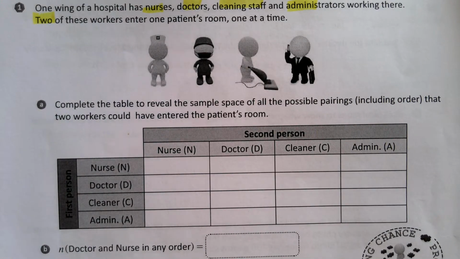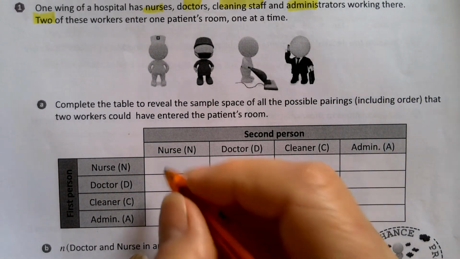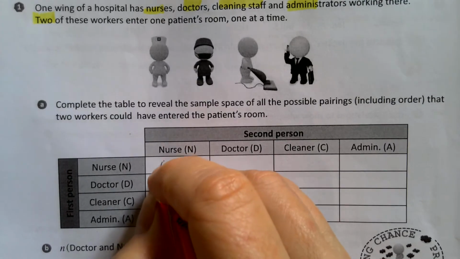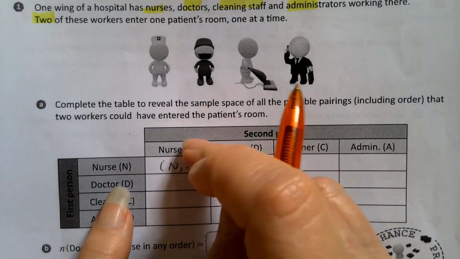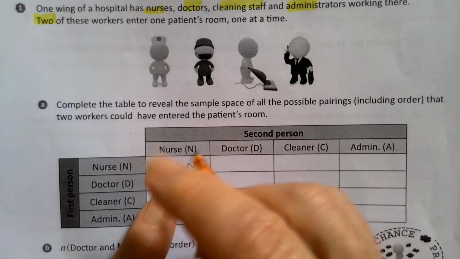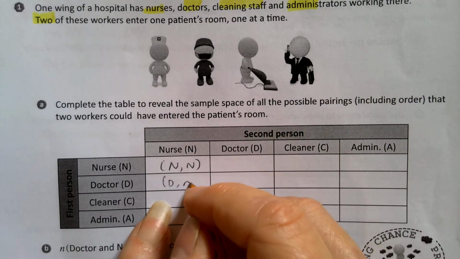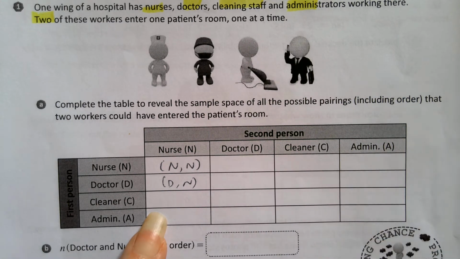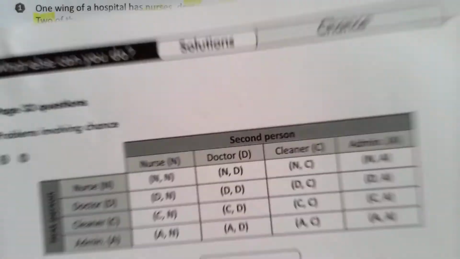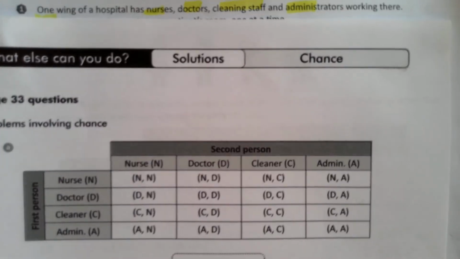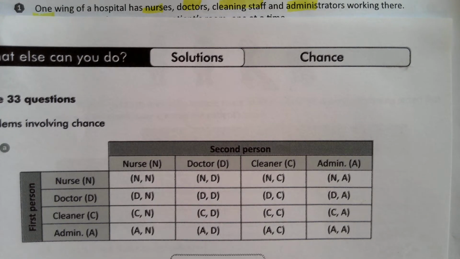Now it's very easy to complete this table. Remember, we just put in brackets, come down there, NN, and then we come down here like that, and it's DN, and you continue and fill it all in. Check that you filled it in accurately before we continue. If they're not accurate, we won't get the right answer.